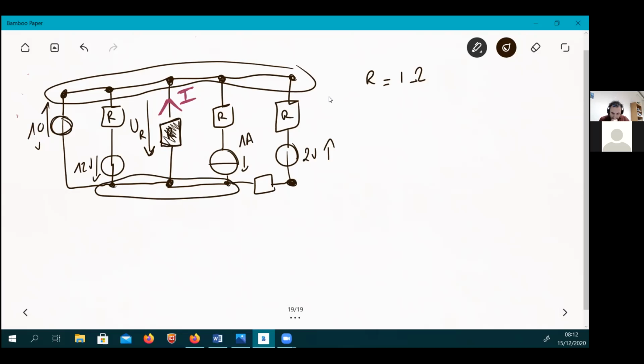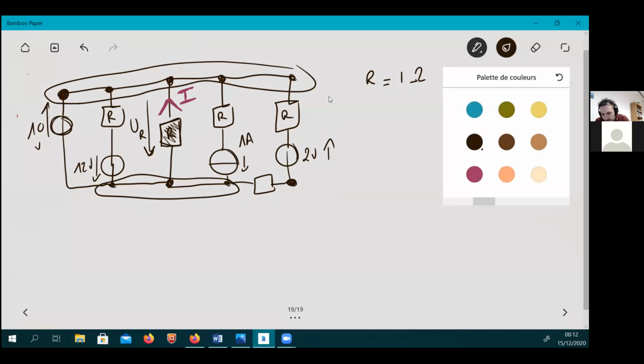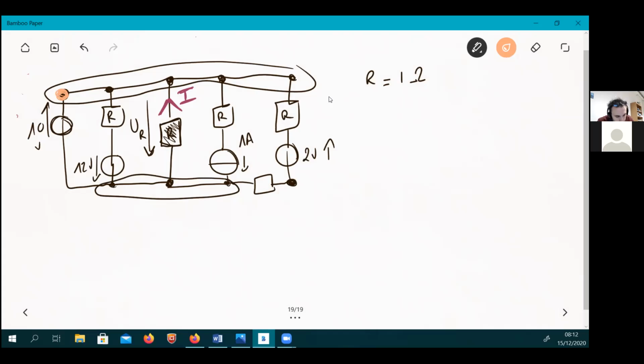So at the end, you can tell that this node is the same as this node, and this node here is the same as this node here.